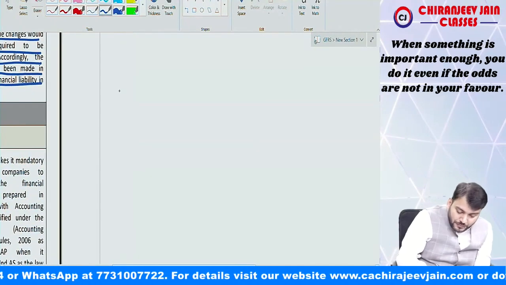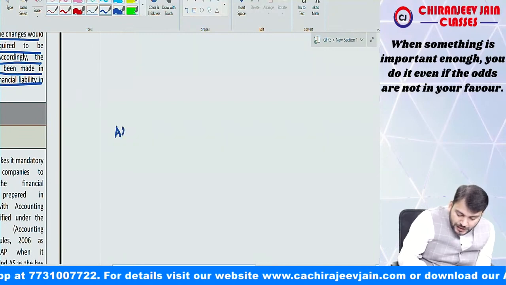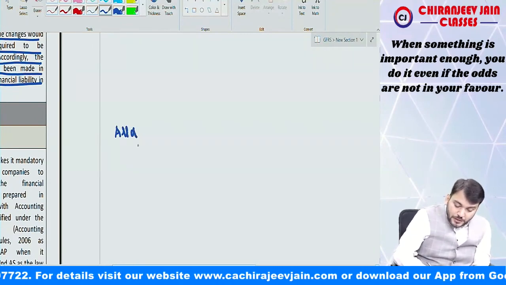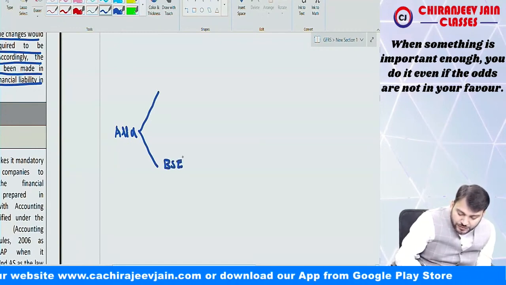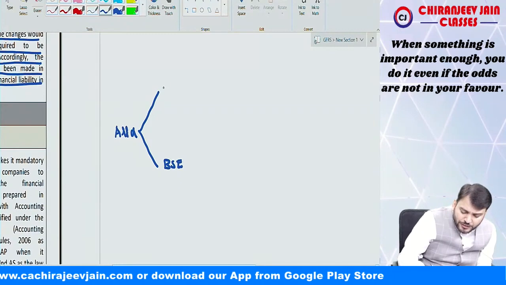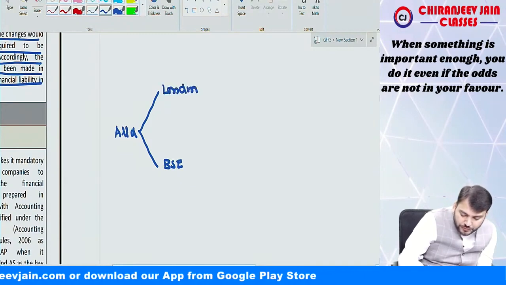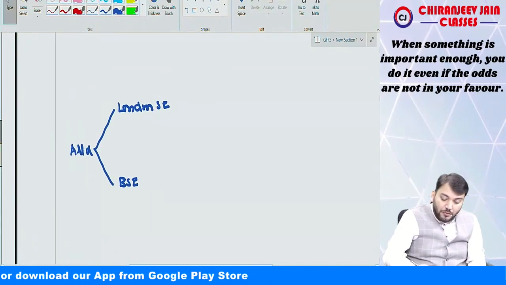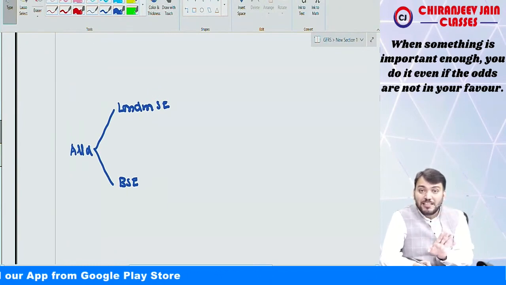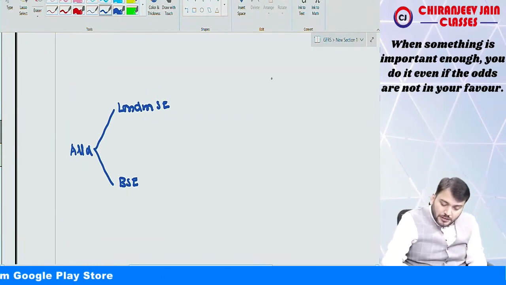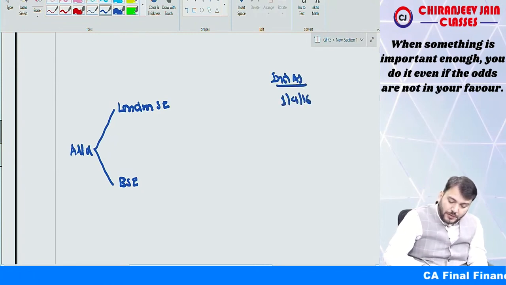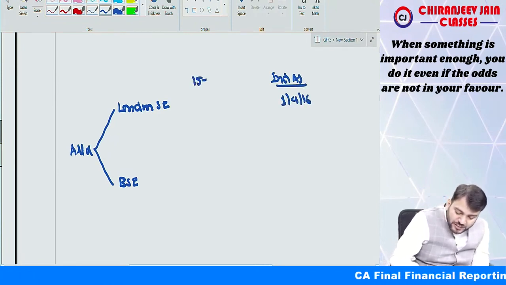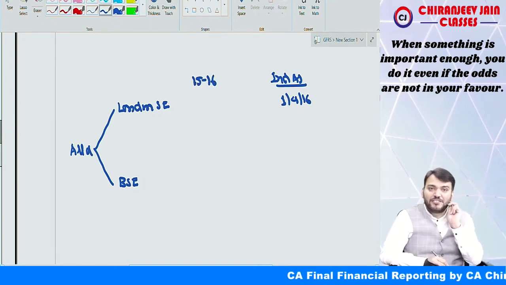For example, there is one company, A Limited. A Limited is listed on the Bombay Stock Exchange as well as, let us assume, the London Stock Exchange also. Correct. Now, before adoption of Ind AS, suppose Ind AS was applicable from 1/4/2016, and for the year 15/16 they prepared two financial statements.